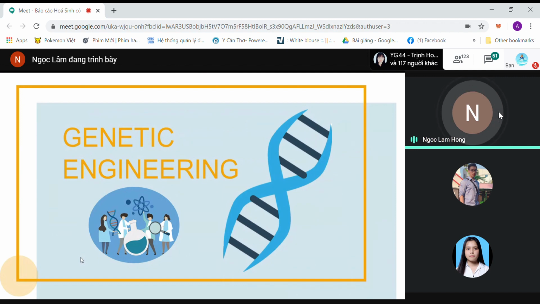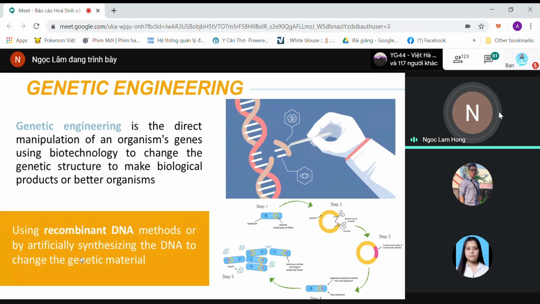Okay, let's talk about genetic engineering. Genetic engineering is the direct manipulation of an organism's genes using biotechnology to change the genetic structure to make biological products or better organisms, by using recombinant DNA methods or by artificially synthesizing DNA to change the genetic material.